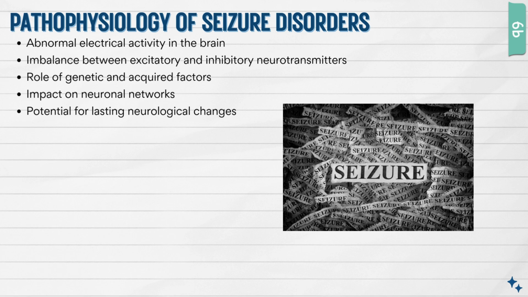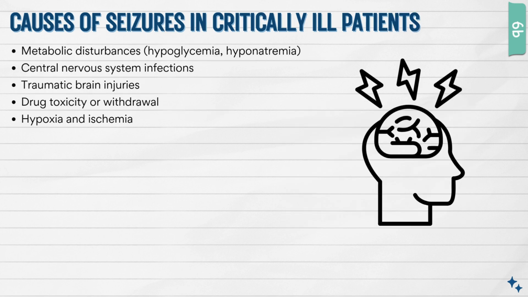This is a phenomenon known as kindling, okay? So understanding this pathophysiology is super important because it underpins how we treat and manage the seizure disorders. So like if you've had one seizure before, you're predisposed for more seizures in the future. It doesn't mean you're gonna have one necessarily, but it makes it to where your chances go up. That's it in a nutshell.